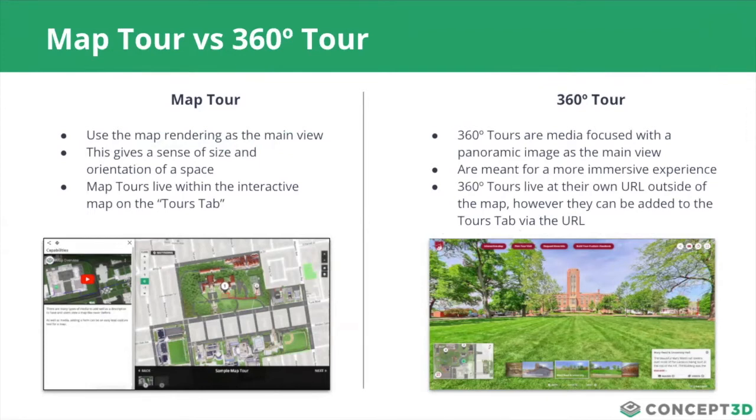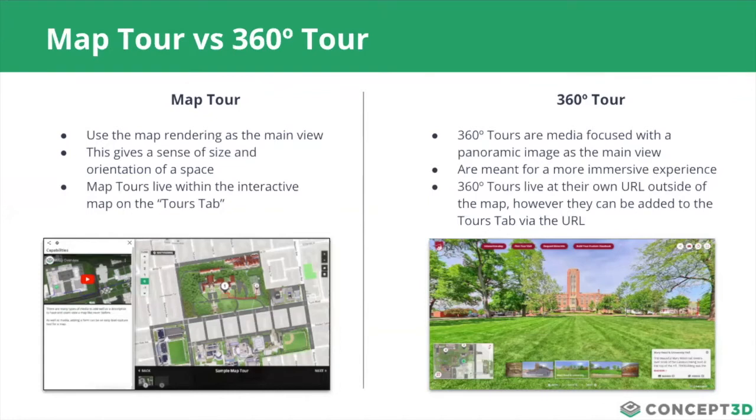It is included in every map client subscription, and you can create as many as you would like. The Map Tour utilizes the map renderings as the main view. In that screenshot on the right-hand side, it's utilizing those renderings of campus, and you can create almost a walking tour experience.